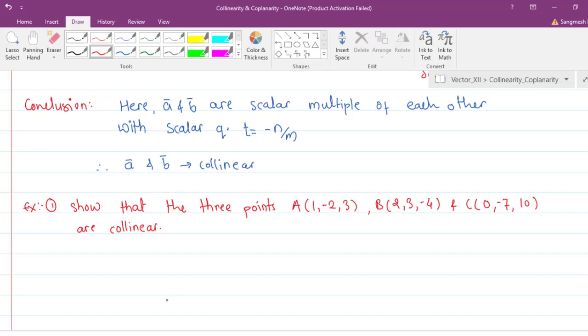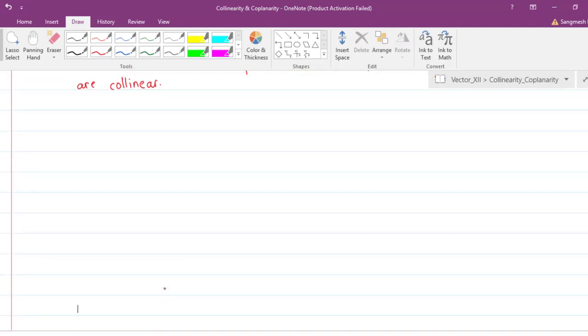Now this question can also be solved with the help of a 3D geometry concept. If this question appears in your exam, you can solve it in two ways, either vector form or geometry form. As we are on the topic of vectors, we will check the vector form.